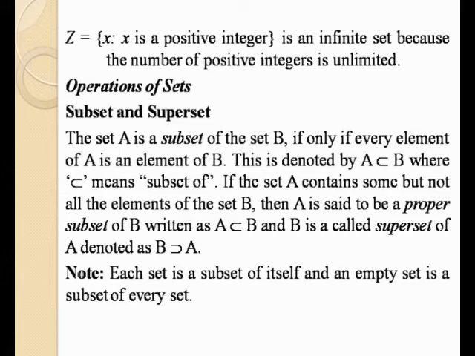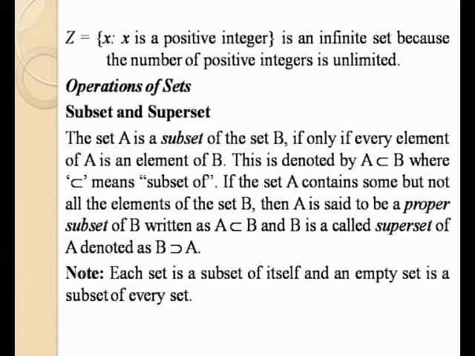The set A is a subset of set B if and only if every element of A is an element of B, and this is denoted by A ⊆ B, where the symbol means subset of.